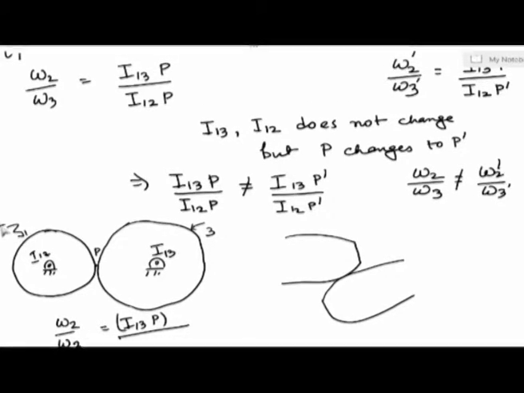So, omega 2 by omega 3 is the distance between I13 and P, which is this distance, over I12P. This is the condition that we would have got on the equivalent friction disks which are transmitting the angular motion at this instant.